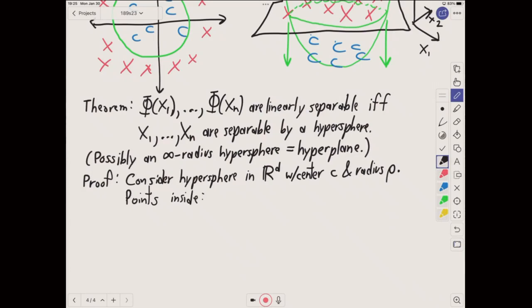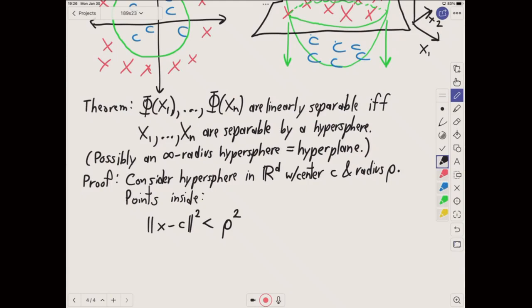Well, if a point is inside the sphere, then it has the property that the distance from that point x to the center of the sphere is strictly less than the radius, rho. And to make this more useful, I'm just going to square both sides.